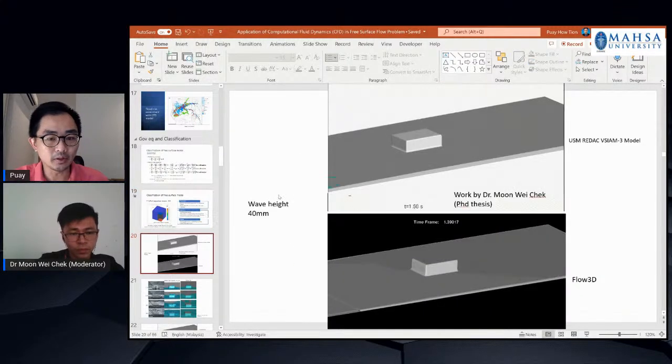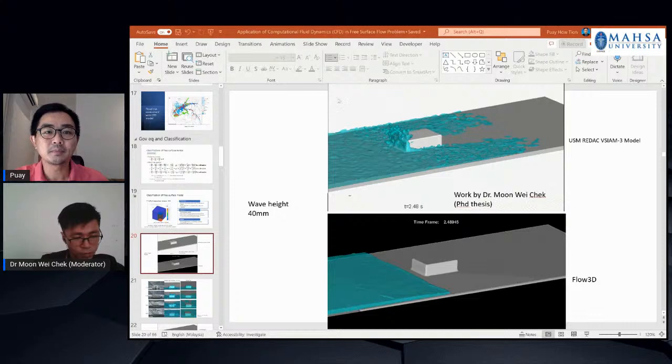Based on that model, Dr. Moon developed a tsunami model to study the impact of hydrodynamic forces on the surface of a building. On the top side is the model developed by Dr. Moon, and at the bottom you can see the result from Flow 3D.